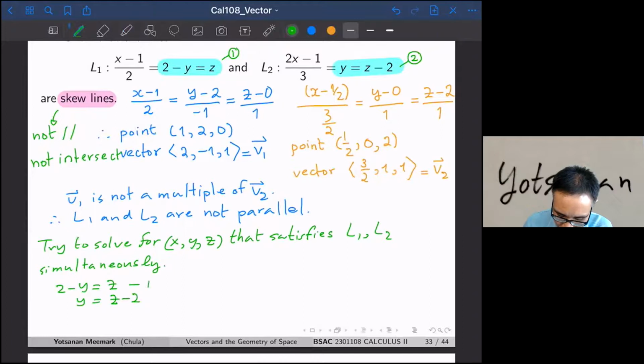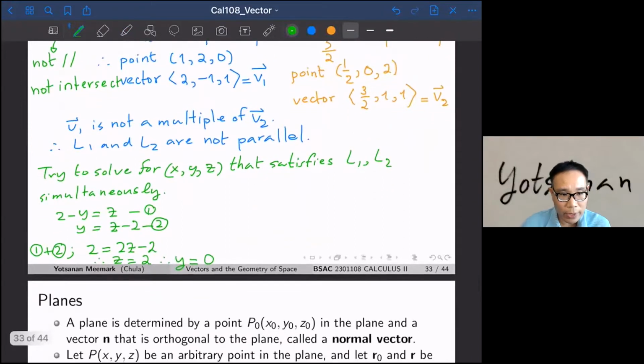Adding them, 2 equals 2z minus 2, so z equals 2, and then y equals 0.